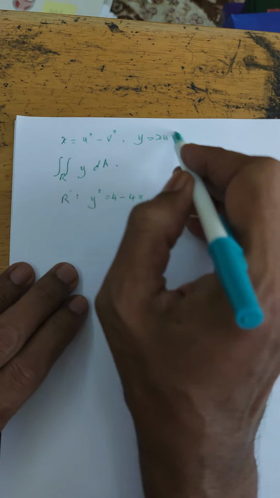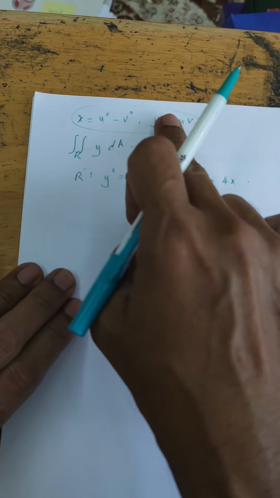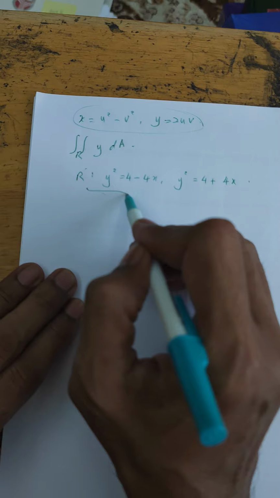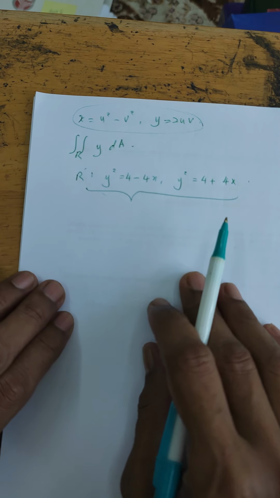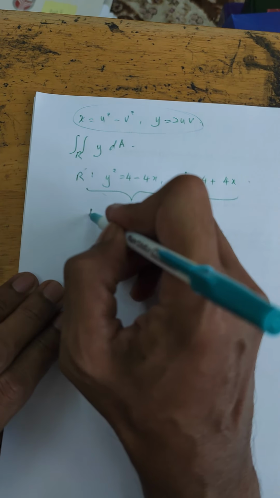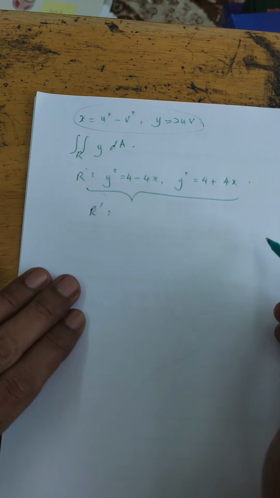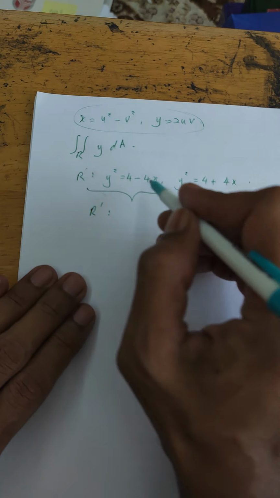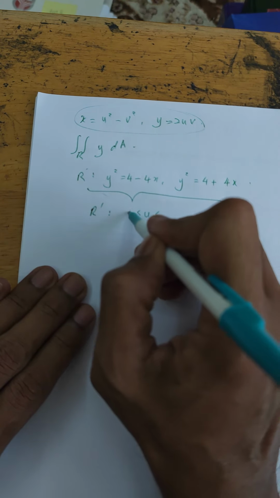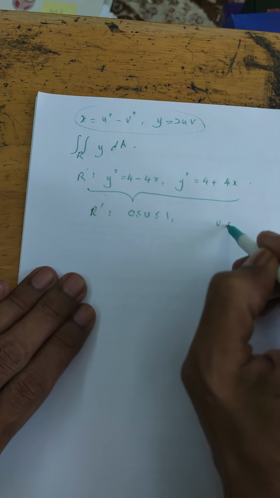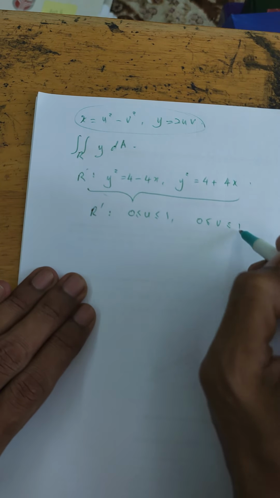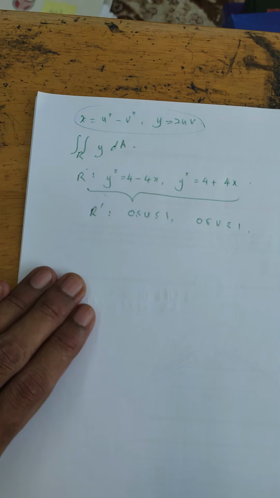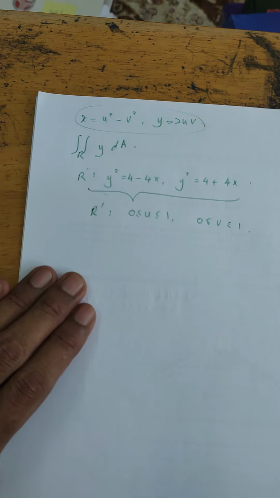Under that transformation, this region transforms into, say, R prime. Our R prime is u from 0 to 1 and v from 0 to 1. All this has been discussed in that example.